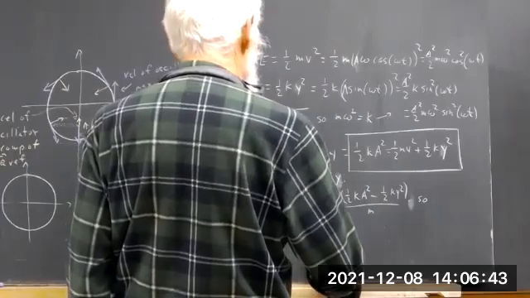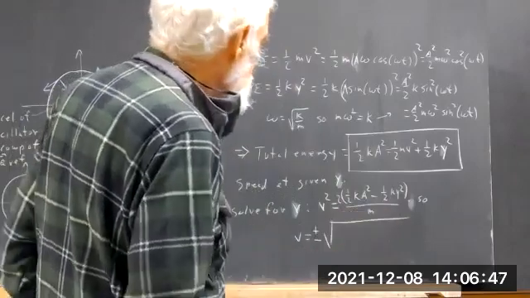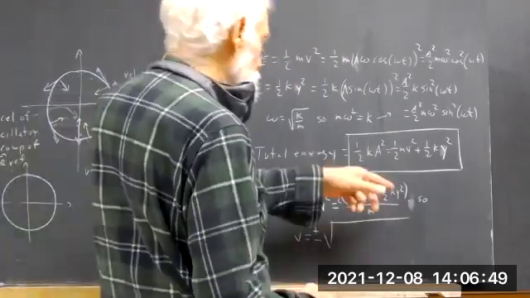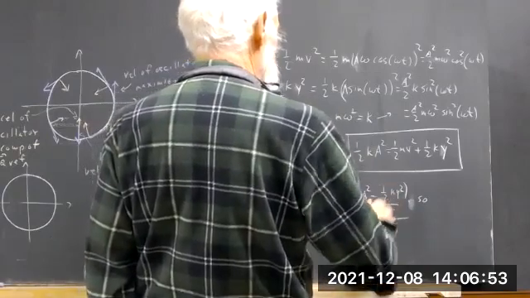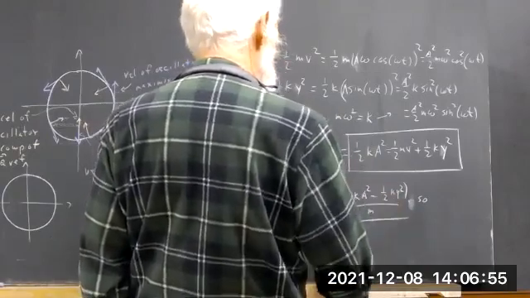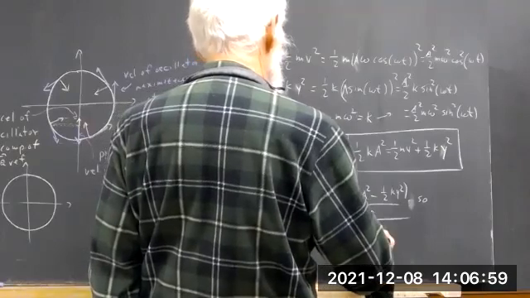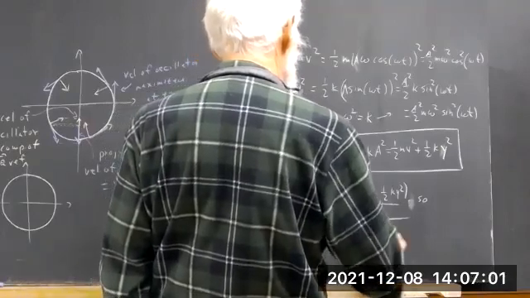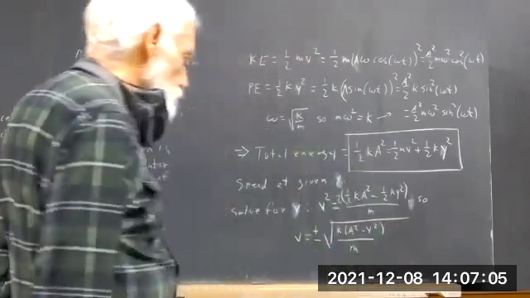So your speed is going to be plus or minus the square root of all this. You're going to have ka squared minus ky squared over m.